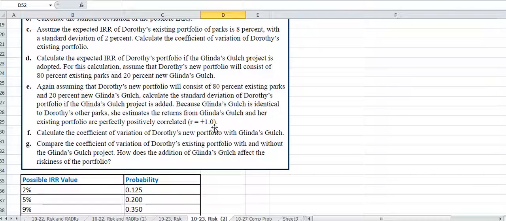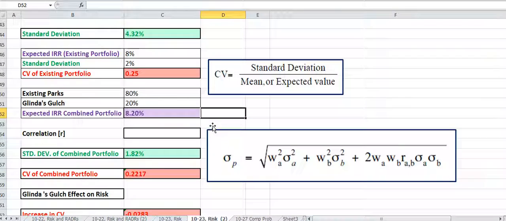If it rains, or if we have some kind of a national disaster that keeps people from going to the parks, or if the economy is doing very well, which means people can take more time off and visit the parks, we're assuming that's going to affect all the parks equally. So we have an R value of 1. We're going to put that right here, and that's going to factor into this equation right here.